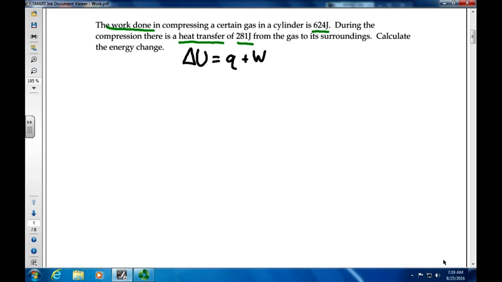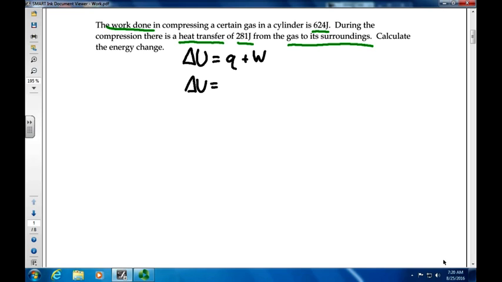The thing to recall is that when heat is transferred from the gas to its surroundings, it is exothermic. That means it's putting off the heat. It would be hot to the touch, versus endothermic, which would be cold to the touch and is drawing energy to it.